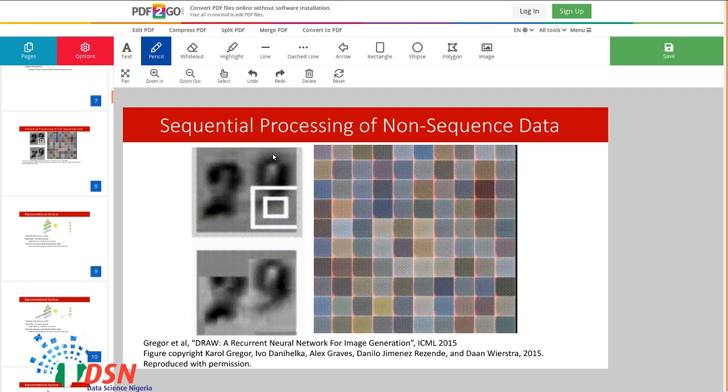For example, let's say you want to generate this image, or let's say you want to predict the number. In this case, one way is to just look at small patches one by one, and then somehow do a many-to-one task to find out the context of this image.